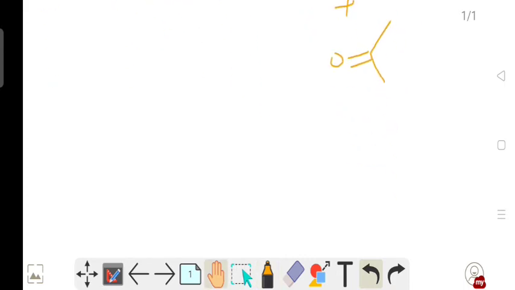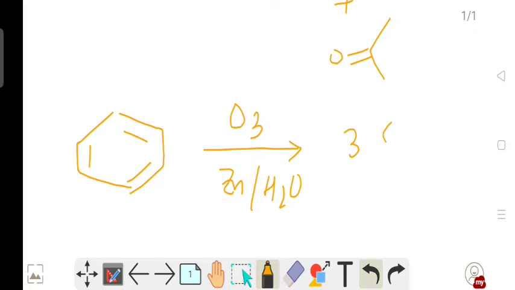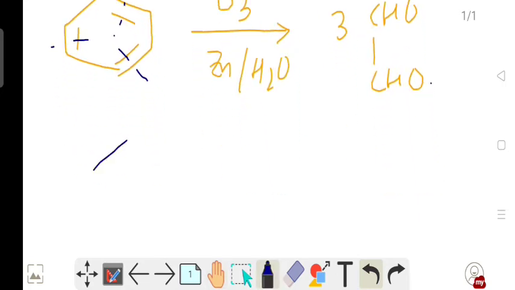And one thing, if you use benzene as a reactant, and if you use ozone and Zn/H2O, then after the reaction you can get 3 molecules of glyoxal, that is CHO-CHO. So how can we get this? You have to break down these 3 bonds, and after the breakdown you can get this product.